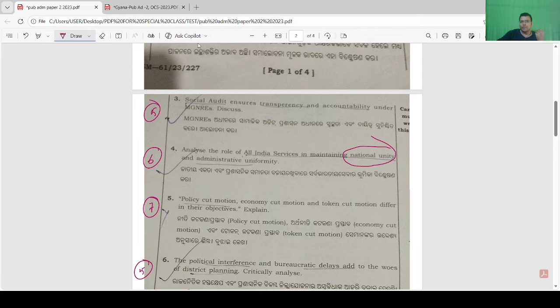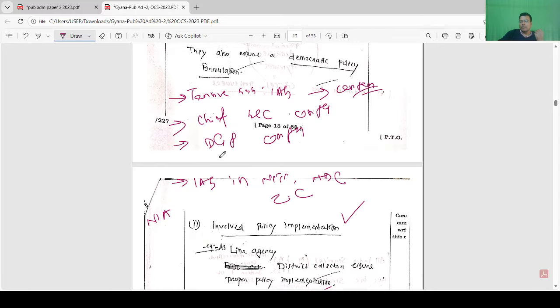This is national unity. They get common training and ultimate control is with the center. They send regular reports, intelligence reports, to the center.